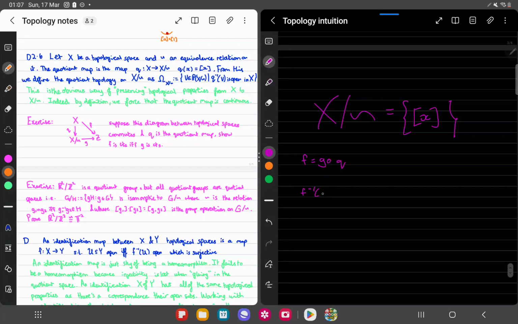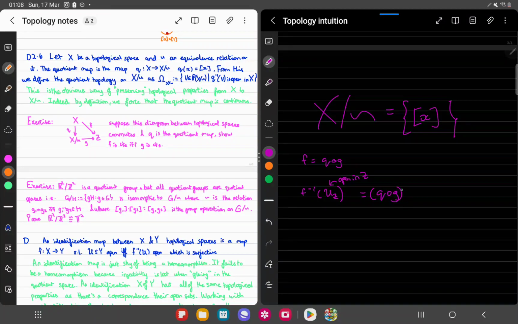So F inverse of an open set in Z, so maybe U sub Z, where U is open in Z, is going to be equal to G, okay, well, that would be Q. Is it G composed with? No, sorry, I'm wrong here. This is supposed to be Q composed with G here.